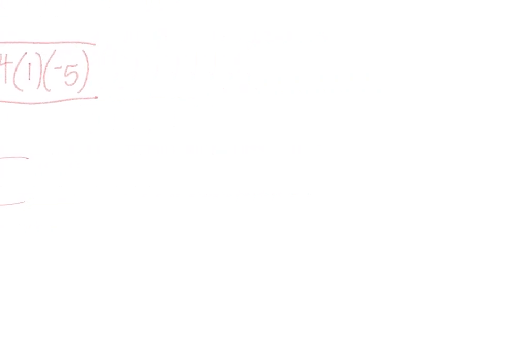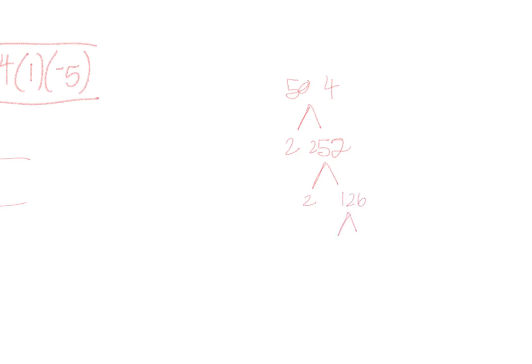So take 504 and write all the prime factors. 2 goes into 504 252 times, but 252 is not prime. 2 goes into 252 126 times, but keep going because 126 isn't prime. 2 goes into 126 63 times, but 63 is not prime. 3 goes into 63 21 times. 21 isn't prime. 3 goes into 21 7 times. 7's prime, I can stop.